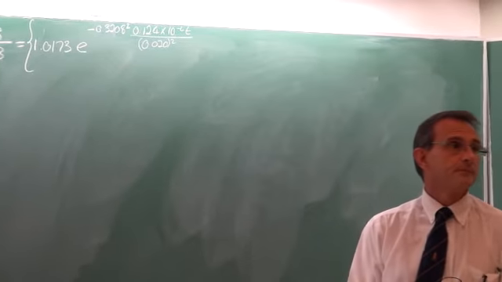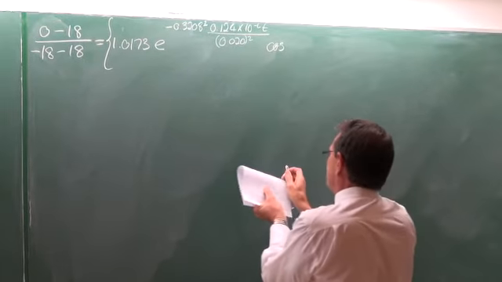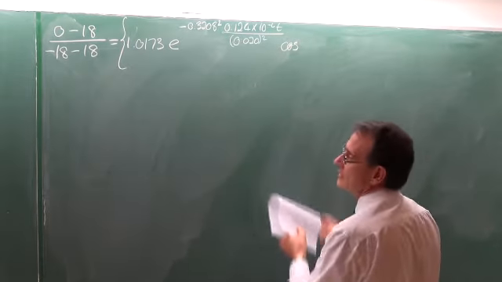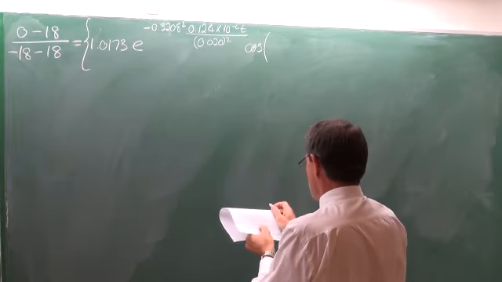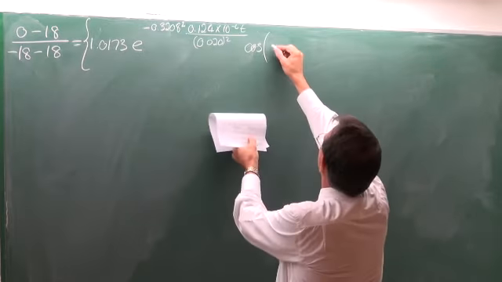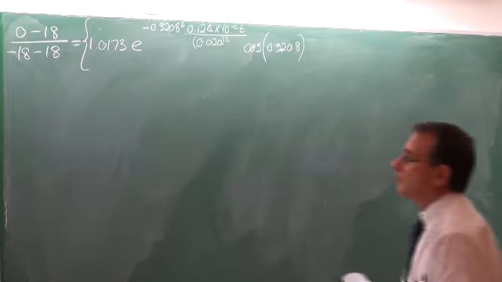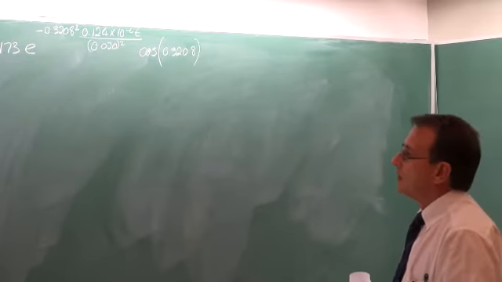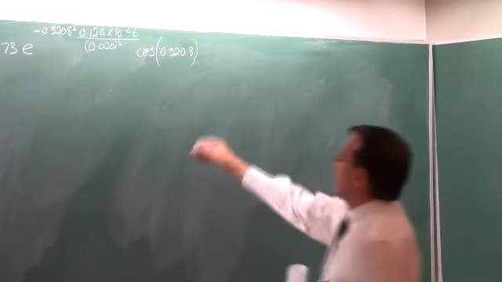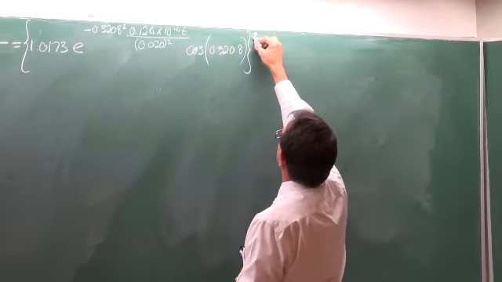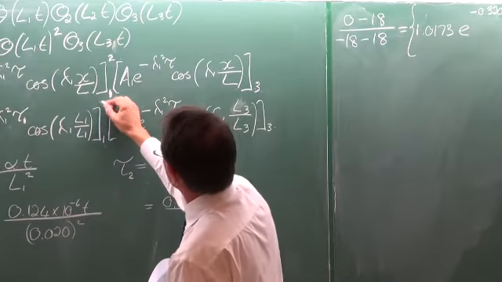Do you agree? Multiplied by the cos of lambda 1, where lambda 1 is equal to 0.3208 multiplied by L1 divided by L1. They cancel, but we must remember it's the square of it, and I forgot to put it in there.